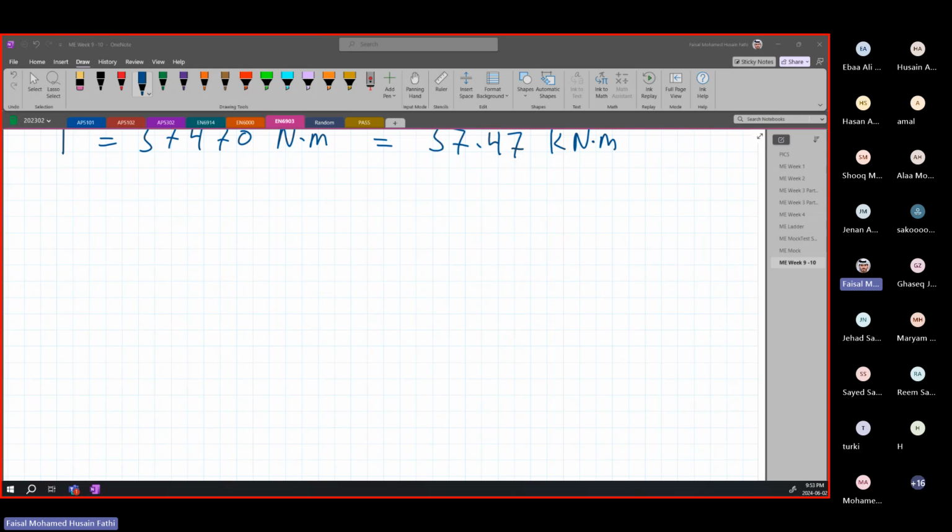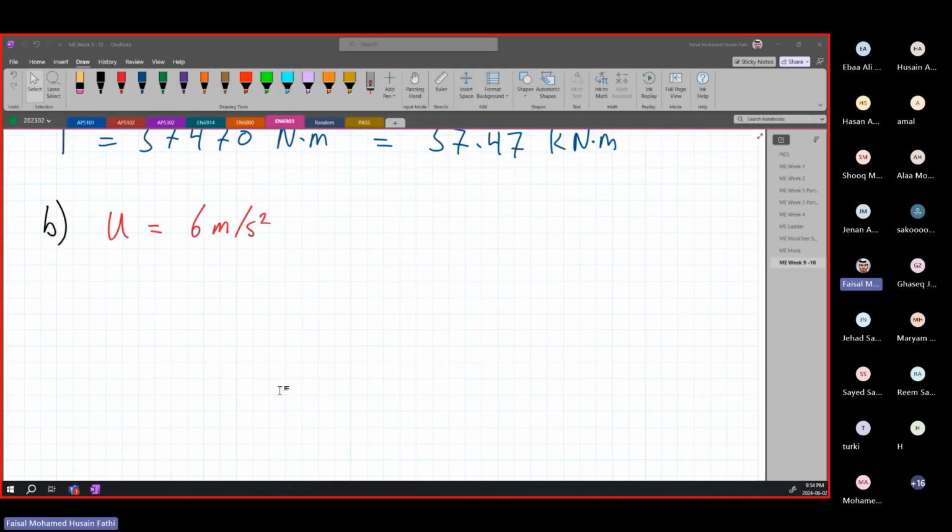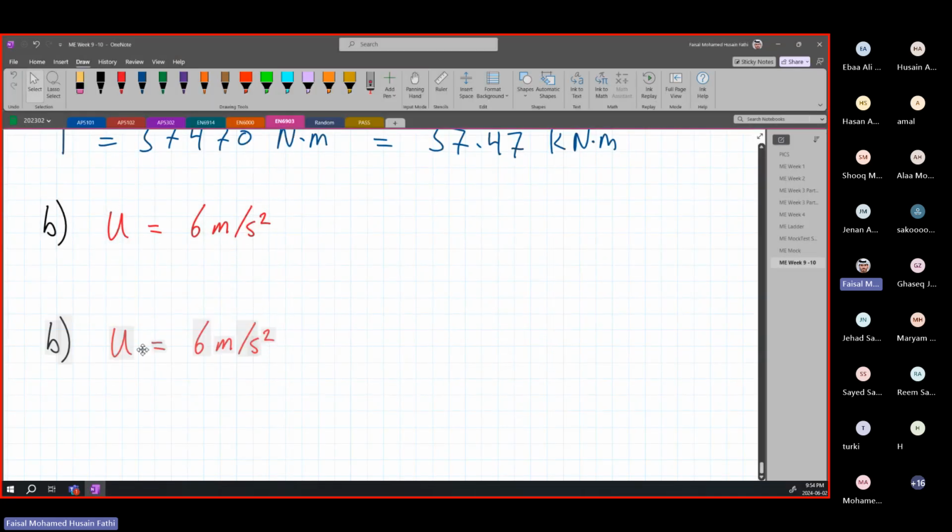Let me just plug down the numbers. Let's go to the worksheet. Okay. So the question was saying, so this is for part B now. We have an initial velocity of V0 or U, basically. U is equal to 6 meters per second. Let me actually do something better so that we can see where I'm getting these numbers from.